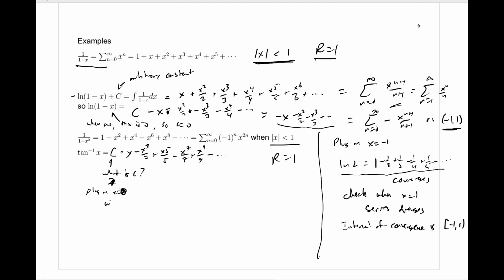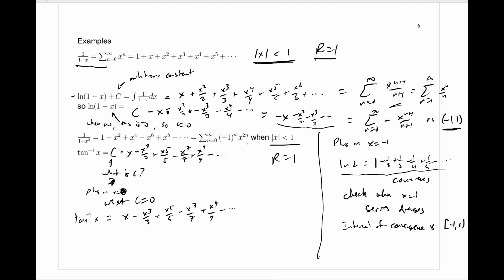So we get c must be 0. In other words, the arctangent of x really is exactly x minus x cubed over 3 plus x to the 5th over 5 minus x to the 7th over 7 plus x to the 9th over 9 minus etc.